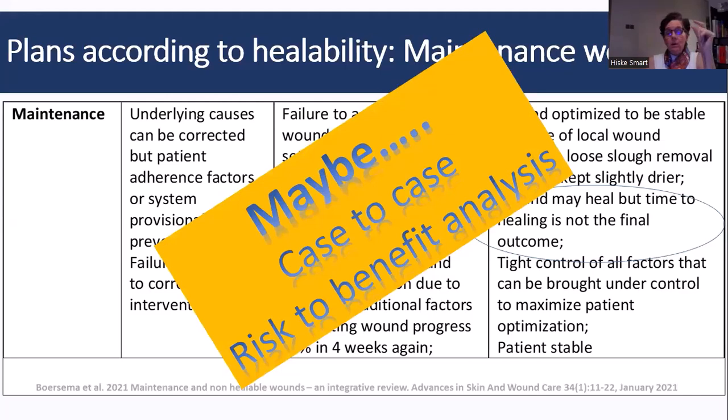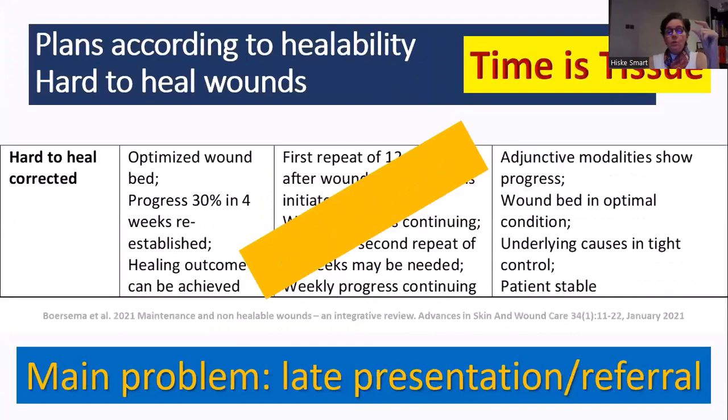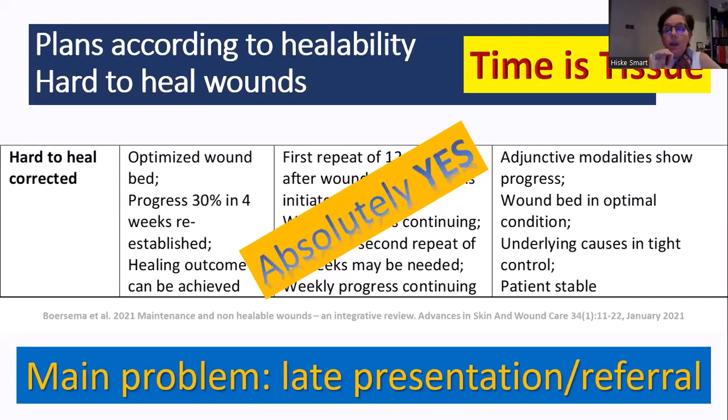But if we are going to the hard-to-heal situation patients, they are usually presenting late, and they are usually having underlying causes that were maybe diagnosed wrong, and maybe they were just sent from one team to another.